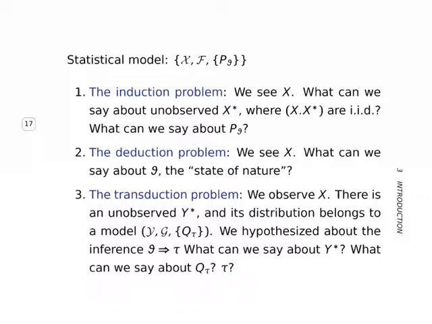The Y star has a distribution that belongs to another statistical model, defined by a family of distributions Q theta, and somehow we hypothesize something about the relation between theta and tau. And we ask what we can say about Y star, about Q theta, about theta. So all the questions above, but about something we don't observe even a sample out of. So we try to infer from one problem and transfer this knowledge to another problem.